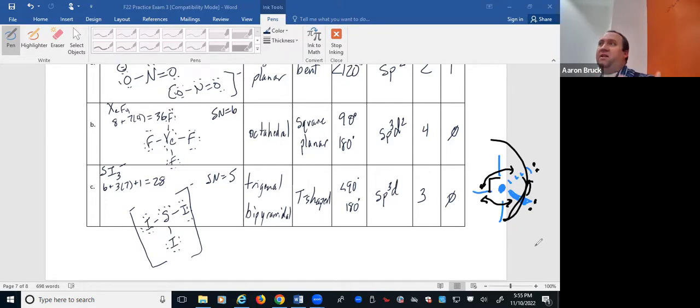Now in seesaw, it is there because we would still have this bond set here. So that would be your 120-degree angle, obviously being squished a little bit by that lone pair pushed on it.